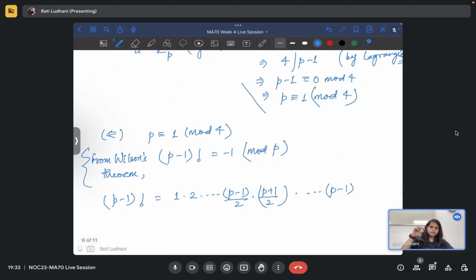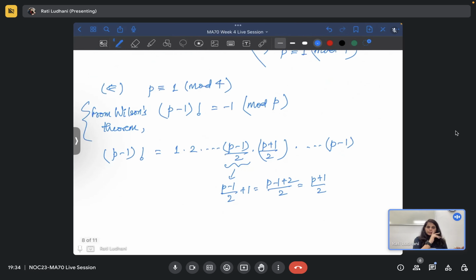So there will be this middle element (p minus 1) by 2. The next will be just plus 1 of this. So plus 1 of this is (p minus 1 plus 2) by 2, which is (p plus 1) by 2, right? The next number will be (p plus 3) by 2, and so on. So this factorial can be written in this form.